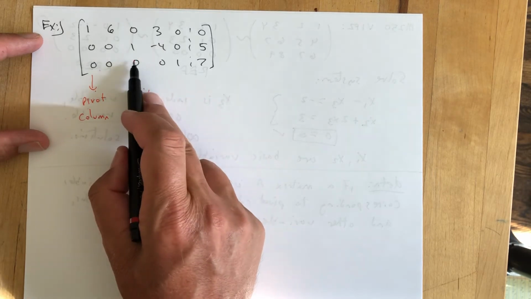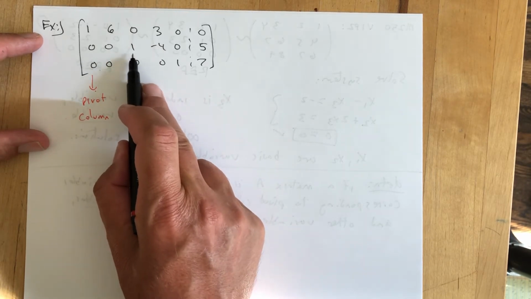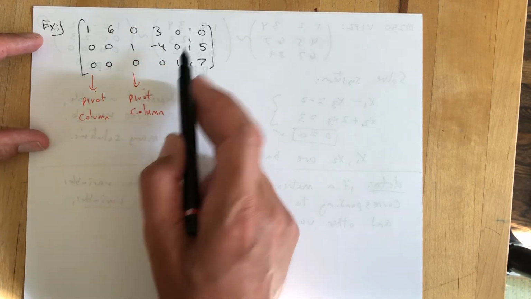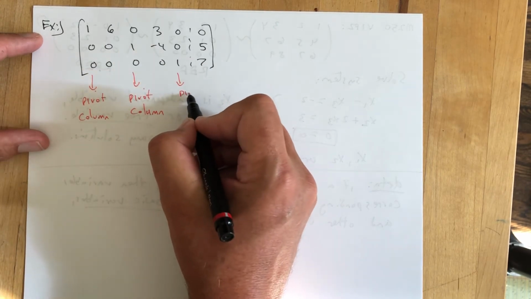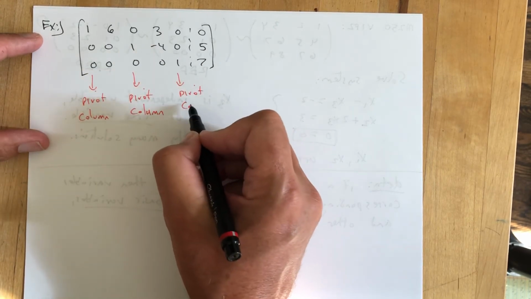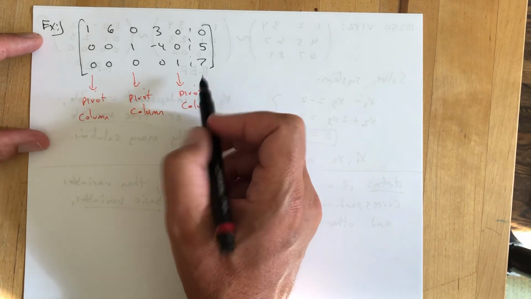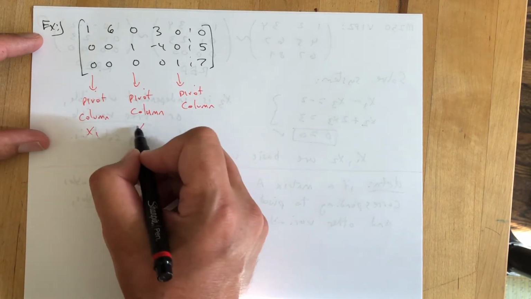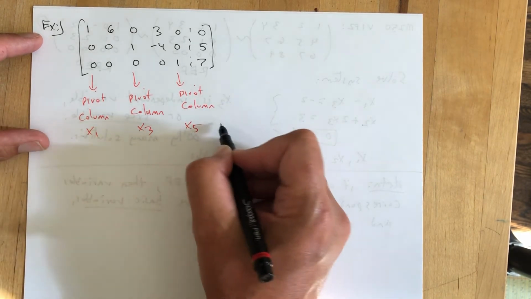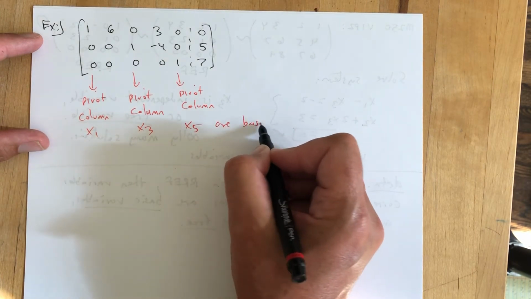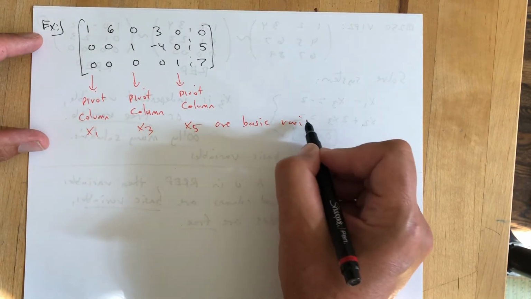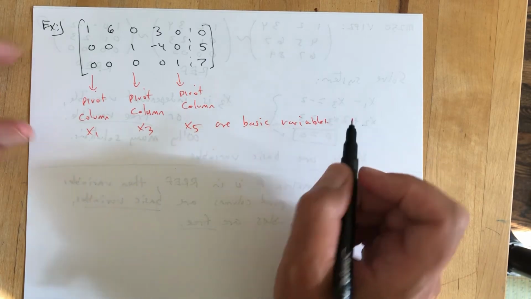Okay, and then you go to the third row, you move to the right. Here, boom, there's the third pivot column. So what this says is that x1, x3, and x5 are basic variables. Okay.